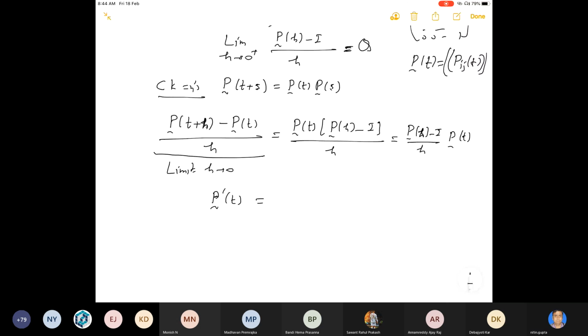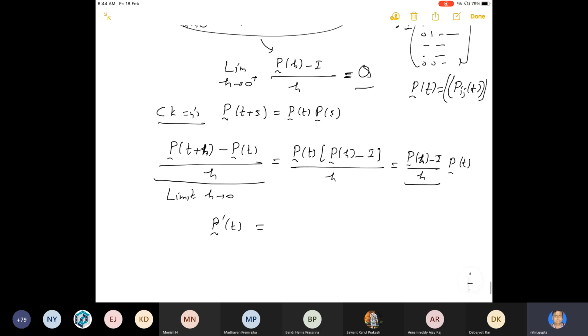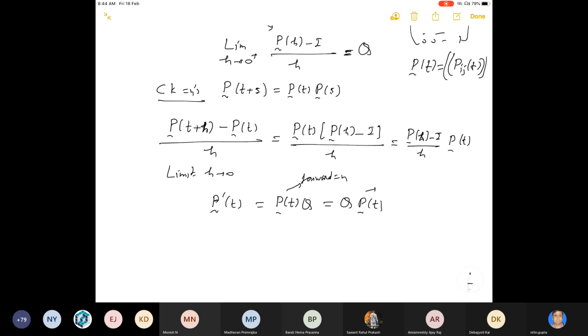is equal to, if we take the limit, this will go to Q. So this will be P(t) Q and Q P(t), one if we take to one side, the other if we take to the other side. One is known as the Kolmogorov forward equation, the other is the Kolmogorov backward equation.